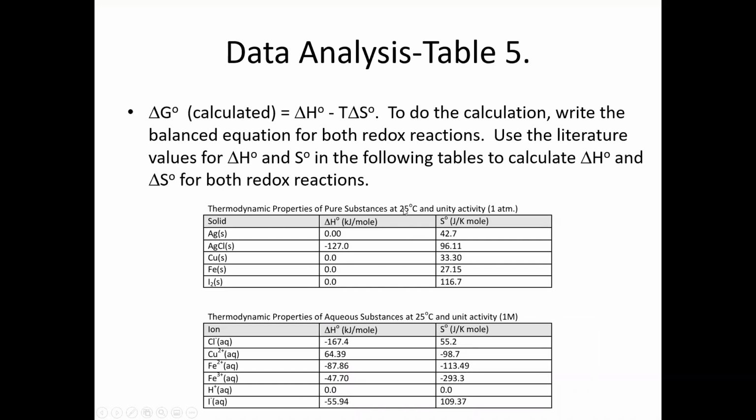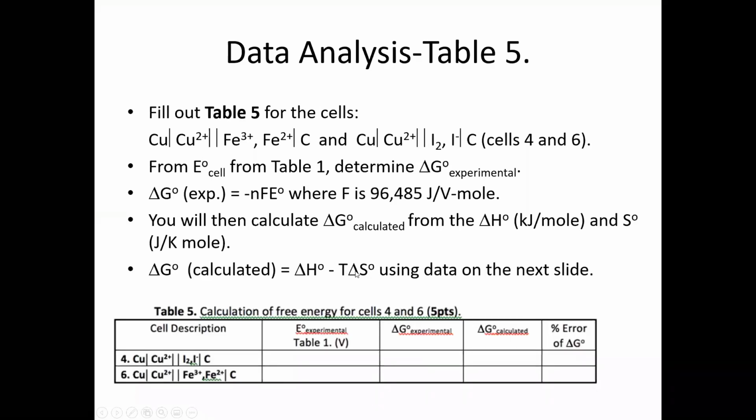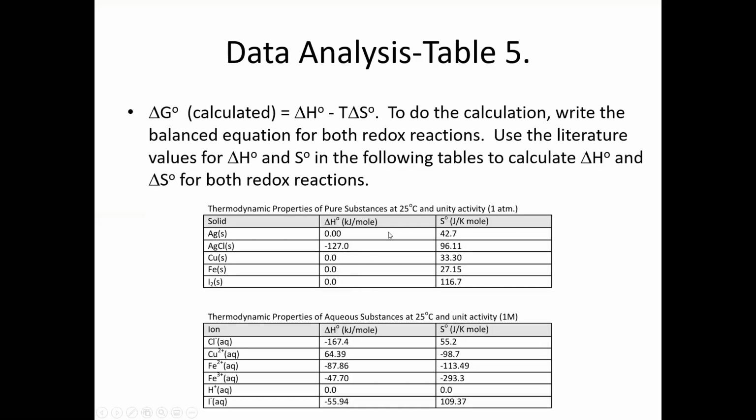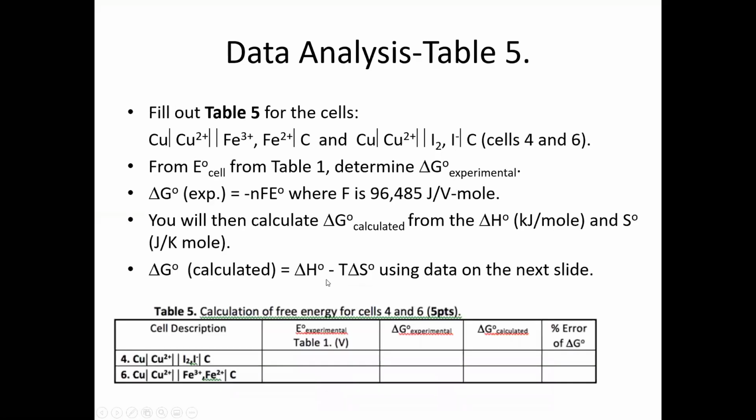Remember, this is for 25 degrees C. In the equation, T is in units of Kelvin, so you need to convert 25 degrees C to Kelvin, and then plug in to calculate the delta G. Once you have the delta G calculated, compare that with the delta G you got from the potential measurement, and then calculate the percentage error.